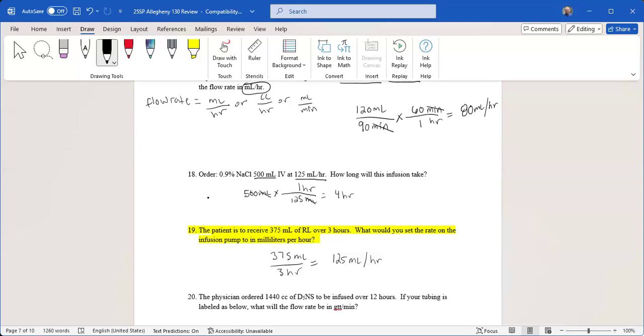Sometimes they'll ask you a question like, if the infusion starts at 8 a.m. on a Monday and you have this flow rate, when will it end? You can say it would end at 1200 hours, because you're doing military time, meaning that if you started at 0800 and added 4 hours, you would end up at 1200.